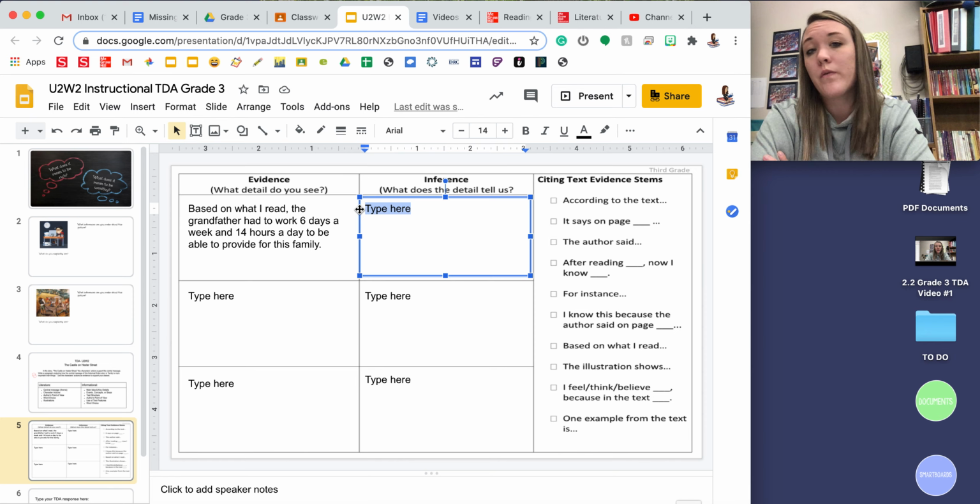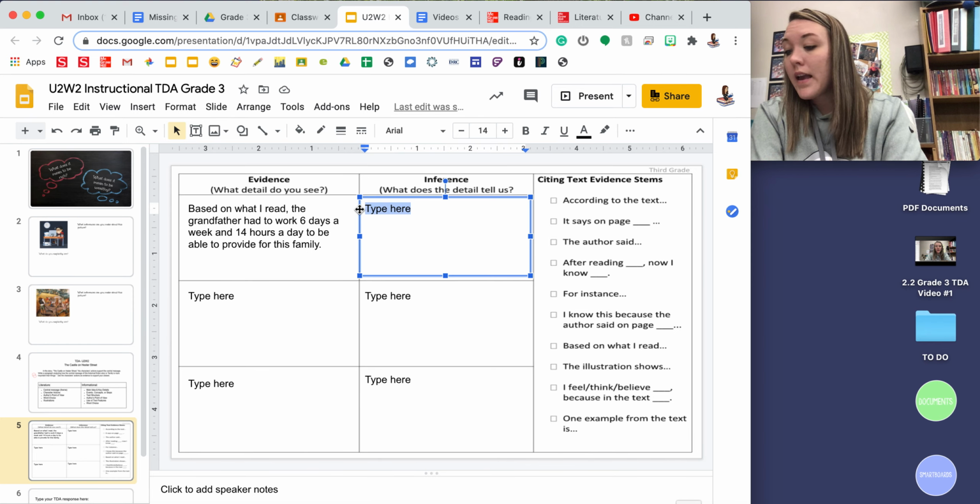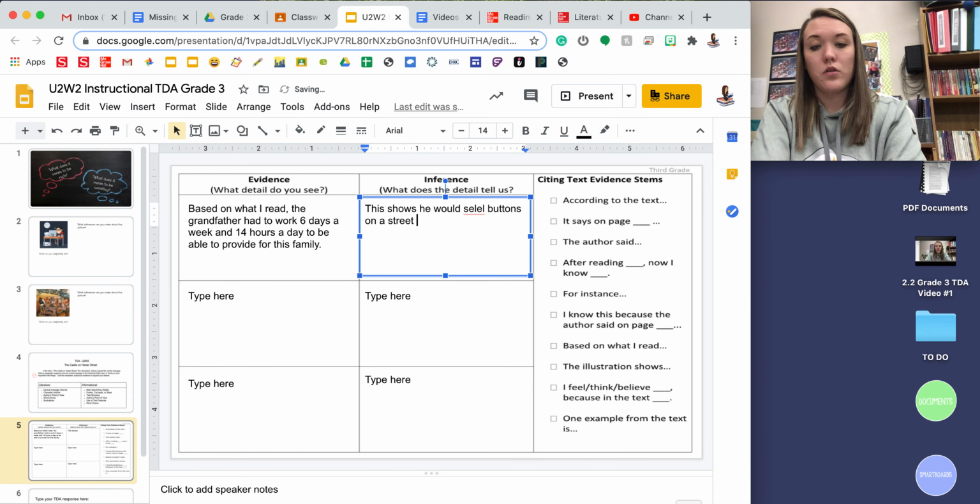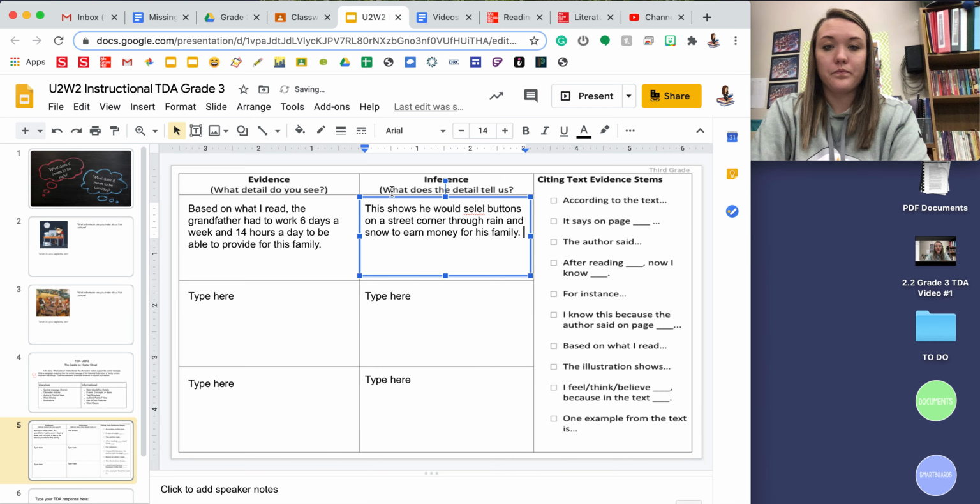It didn't matter if it was 100 degrees or negative 100 degrees. Grandfather wanted to provide for his family. So for my inference, I'm going to say, this shows he would sell buttons on a street corner through rain and snow to earn money for his family.